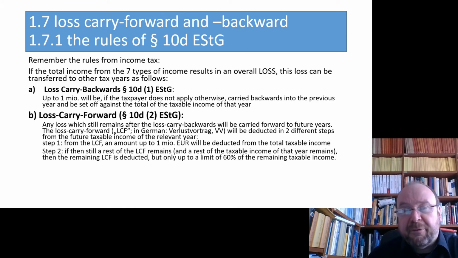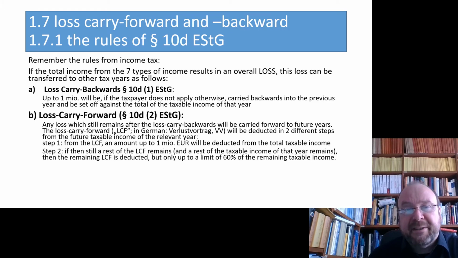And then from the remaining amount, you cannot bring everything down to zero, but only 60% of the remaining amount of your taxable income in that future year can be set off by the loss carry forward. And if there are some losses left over, then you can again carry that rest forward to the next years.